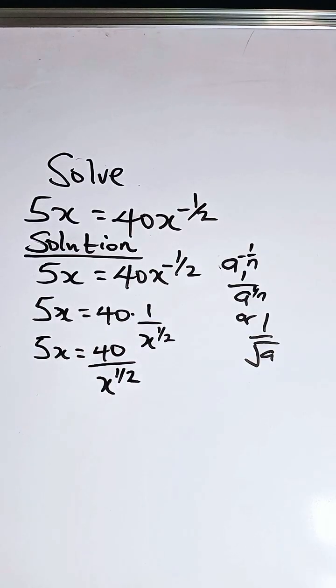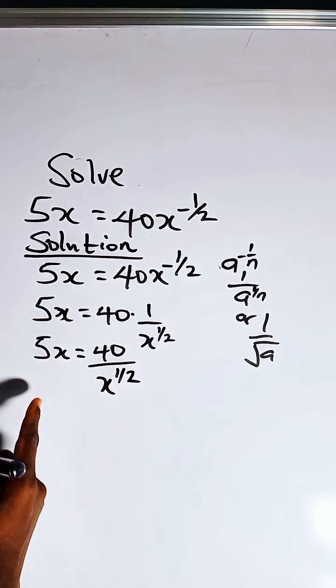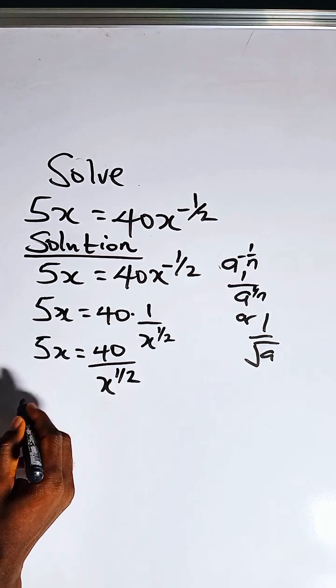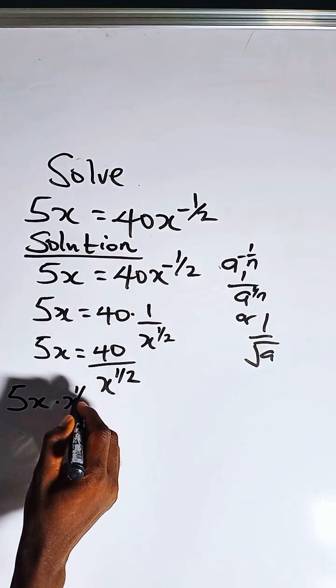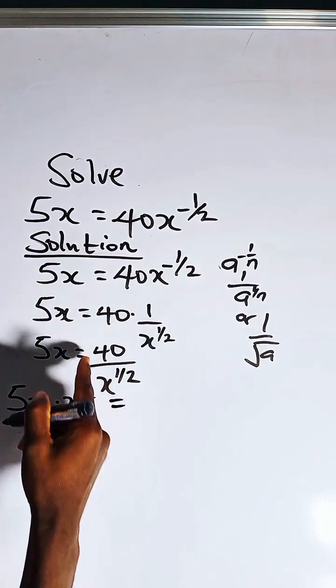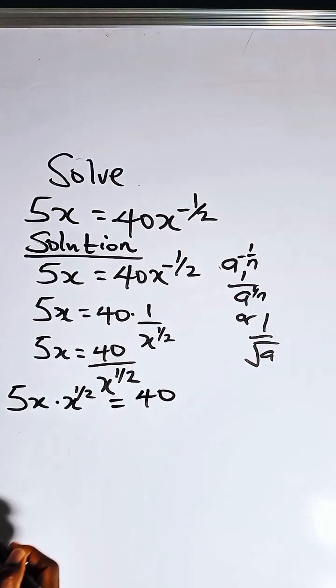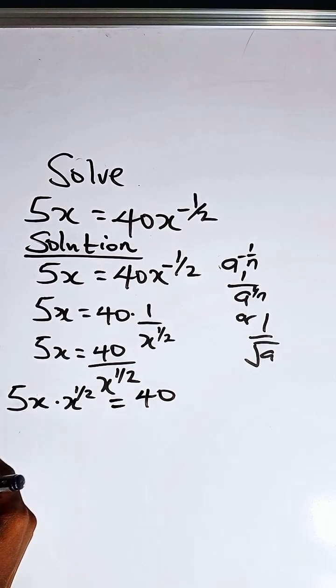The next thing we do is to cross multiply. So we have 5x times x raised to the power half equals 40.